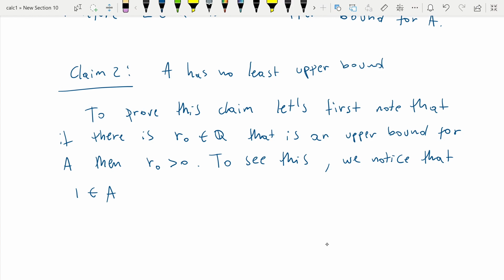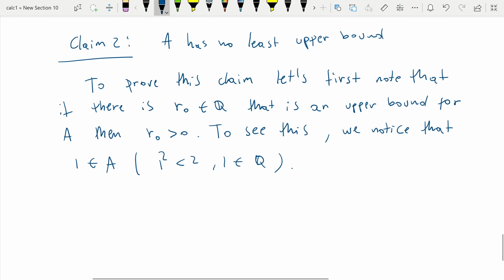Well, we need to check the property that defines the set. And 1 squared is less than 2, and 1 is in Q. So it satisfies both properties, so that means it is in A. And 1 is greater than 0. Therefore, if r naught is going to be an upper bound, it has to be greater than or equal to 1, which is greater than 0.